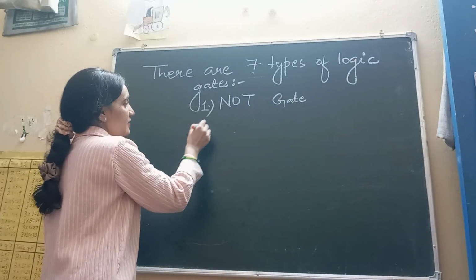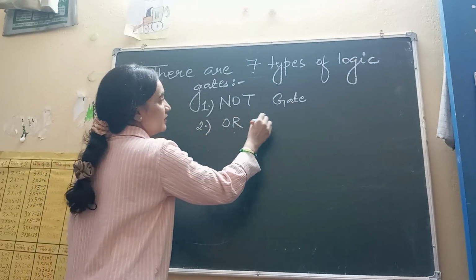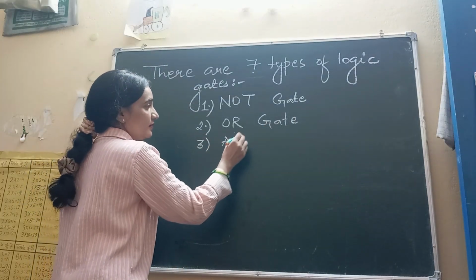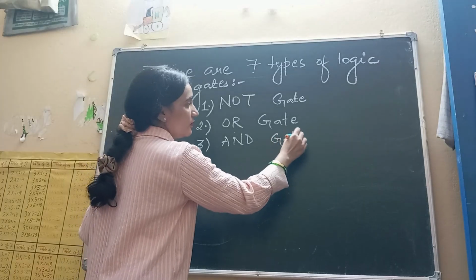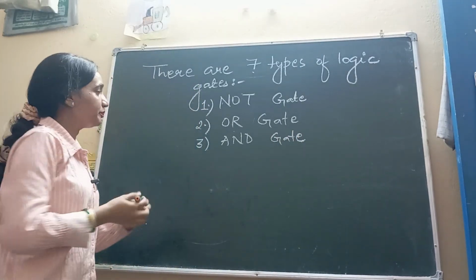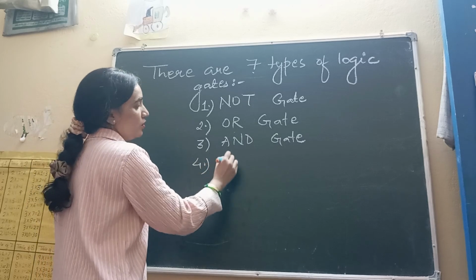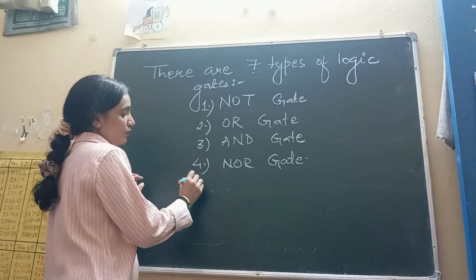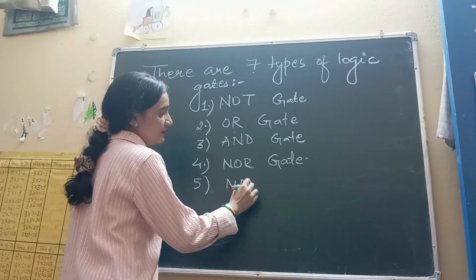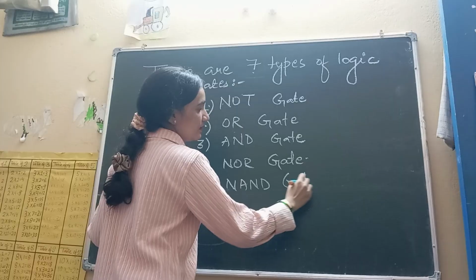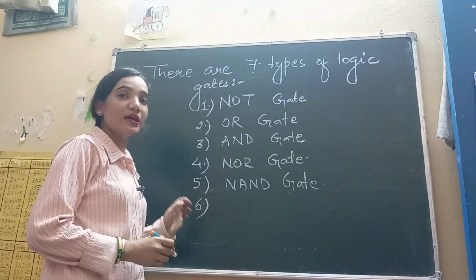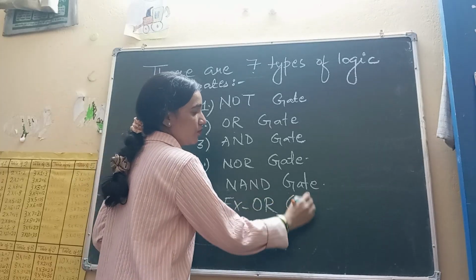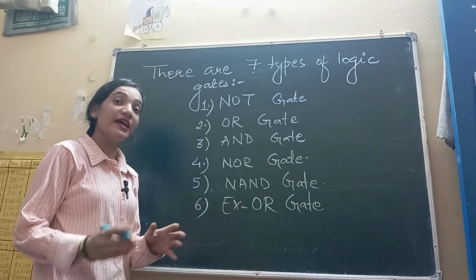The second one, OR gate. Third one, AND gate. Fourth one, NOR gate. Fifth one, NAND gate. Sixth one, XOR gate. And seventh one is XNOR gate.